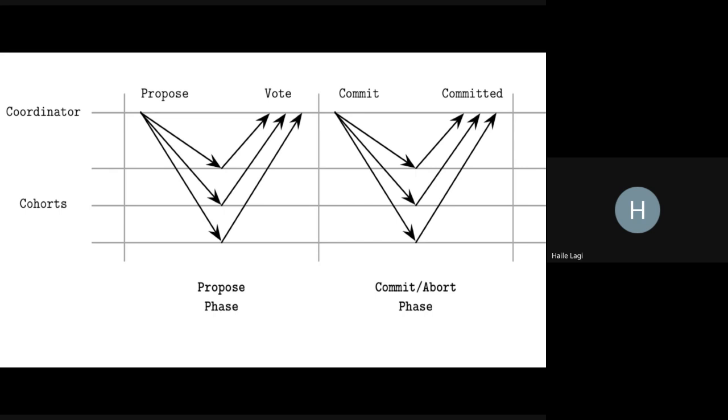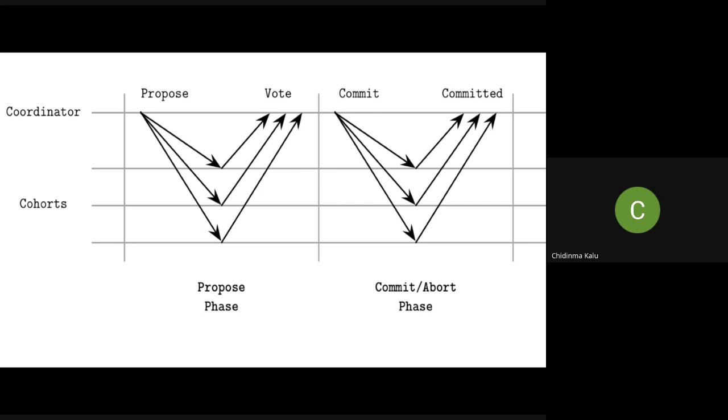So you're asking if one of the nodes doesn't respond during the propose or the commit phase, right? Yes. So will it completely abort the entire transaction and then try to propose the transaction again? Yes, I think it's actually going to abort.